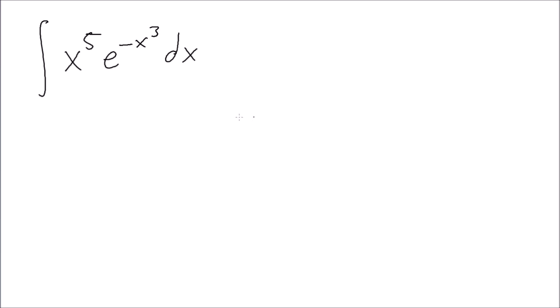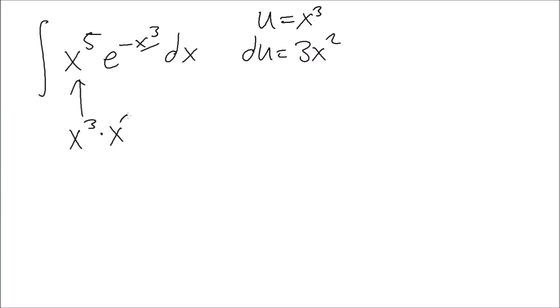Well, we can let u equal x cubed, right? But then du is equal to 3x squared. Oh, but wait, this is x to the 5. x to the 5 can be in terms of x cubed times x squared.